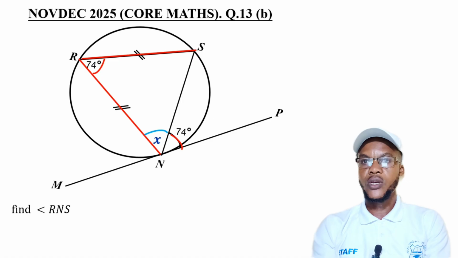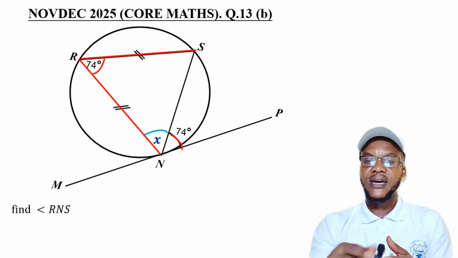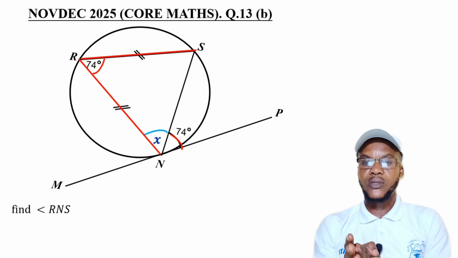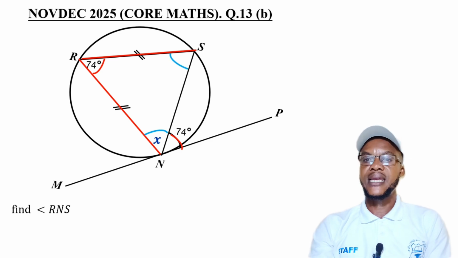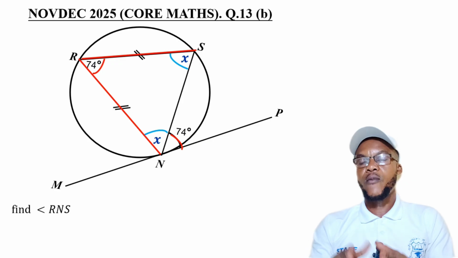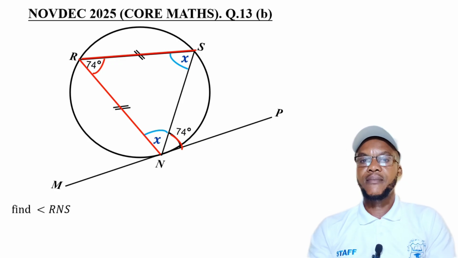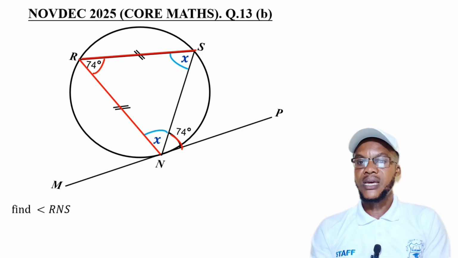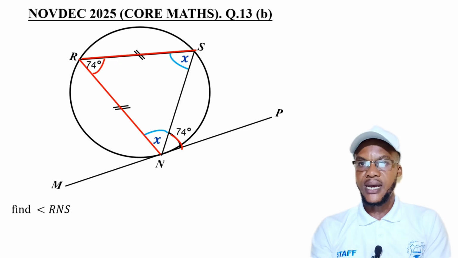then because it's opposite the other equal side, the other angle will also be x. That is one of the properties of an isosceles triangle: if two sides are equal, then the angles opposite those sides are also equal, or the base angles are equal.